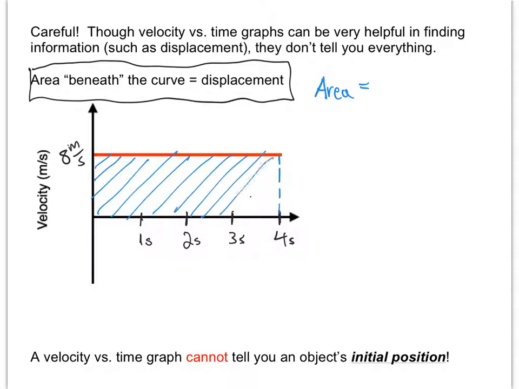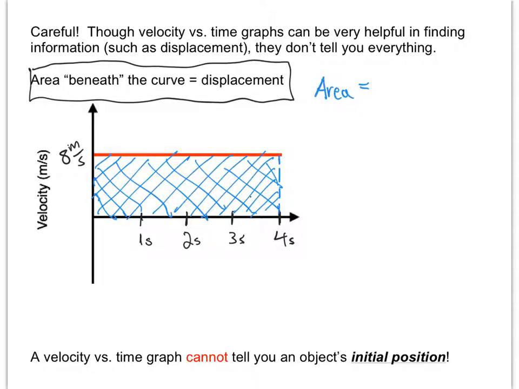By beneath, I mean the shape that's trapped between the time axis, the velocity axis, and the data. And then we're cutting it off at 4 seconds.